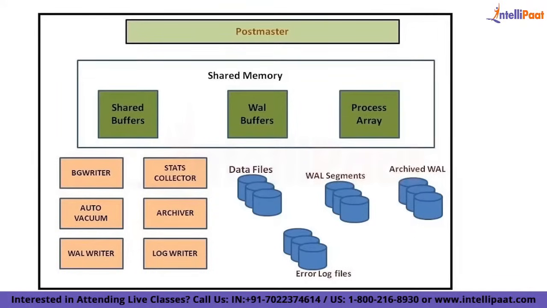Here, the Postmaster process initially takes the request, and for every session which connects to the database, it will spawn one more process. We can call it a server process or Postgres server process, and that process is responsible for completing whatever request has come from the client.